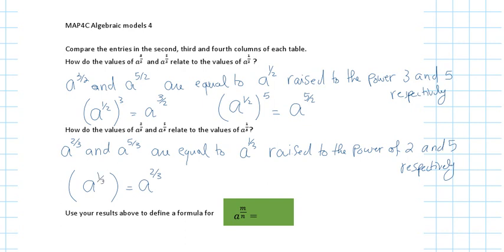What power do I put outside? So, a to the 2 over 3. I raise it to the power of 1 over 3 and then to the power of? But what would I put outside here?